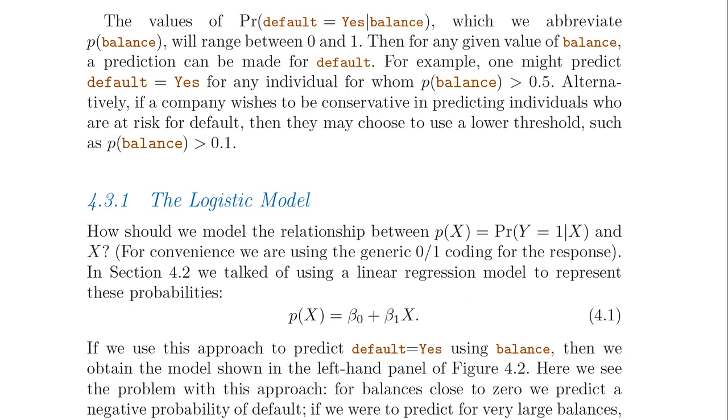And now there's a bit of a judgment call. For example, one might predict default equals yes for any individual for whom the logistic regression is giving a probability greater than 0.5. Alternatively, if a company wishes to be conservative in predicting individuals who are at risk for default, they may choose a lower threshold, such as p of balance greater than 0.1.